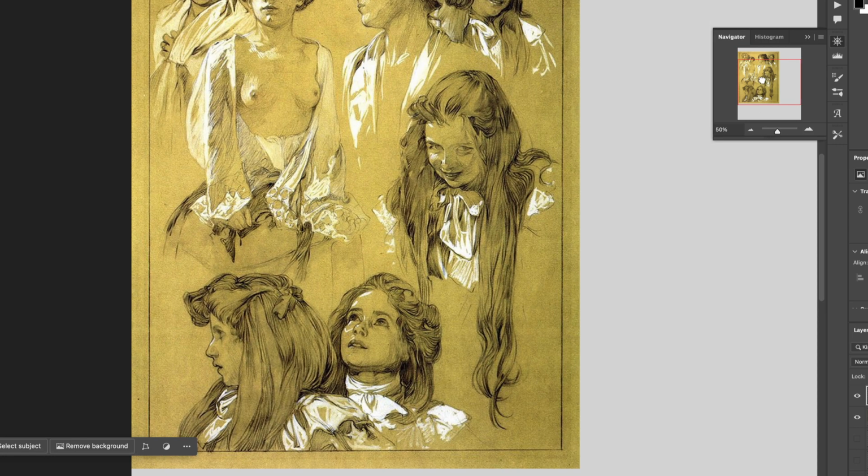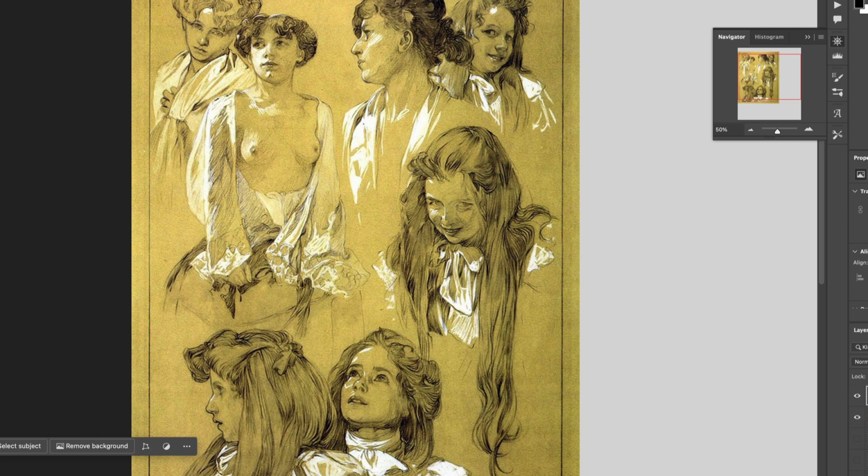So, a little bit closer look at it. People might be inclined to think, oh, when he did this, he just did hairs like this and like that, and that is not what he did. I am very sure when he set out to do this drawing, or all these drawings, he set it out as a large mass first.